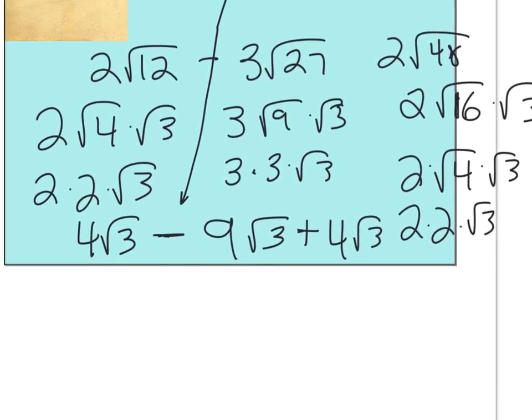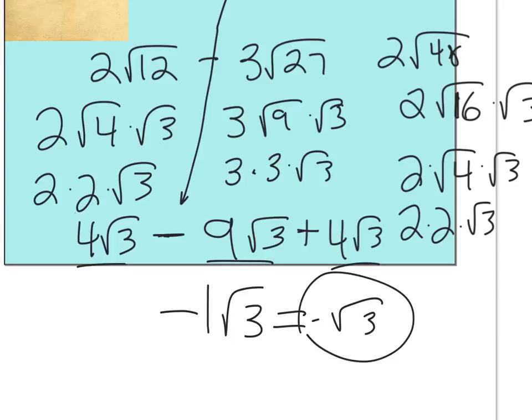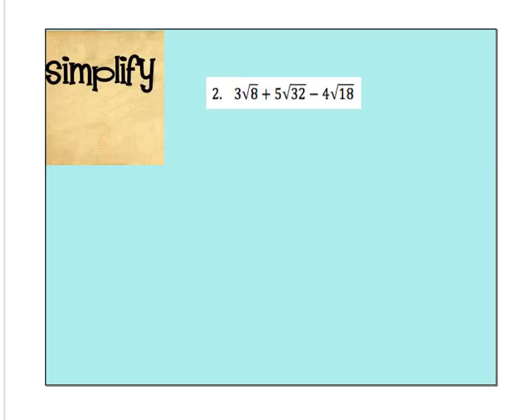When I simplify all these, I have 4 square root of 3, 9 square root of 3, 4 square root of 3. Sorry, these don't cancel out, back up. 4 square root of 3 minus 9 square root of 3 plus 4 square root of 3. After all that, I get negative 1 square root of 3, or just put another way, negative square root of 3. That would be a perfectly good simplified answer.